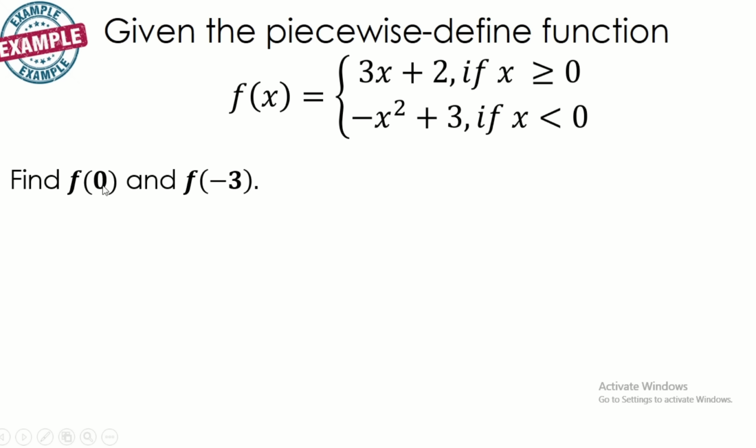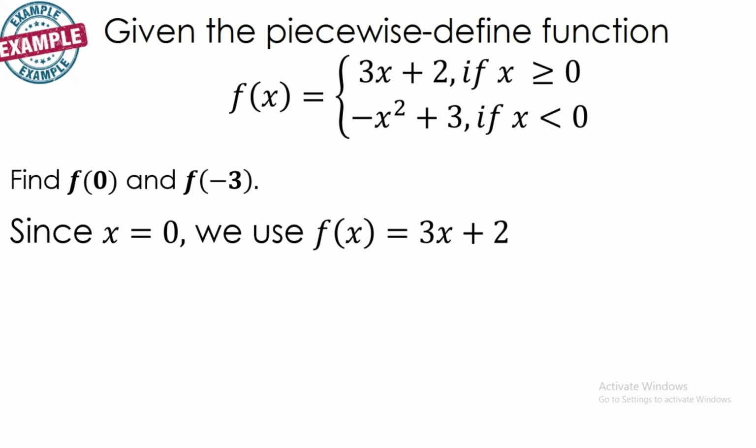Since ang hinahanap natin is f of 0, so since x is equal to 0, we use f of x is equal to 3x plus 2. So simply substitute the value of x, 3 times 0 plus 2, so the answer is 2.